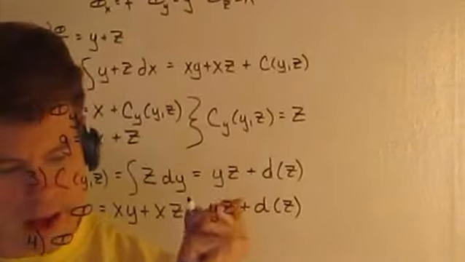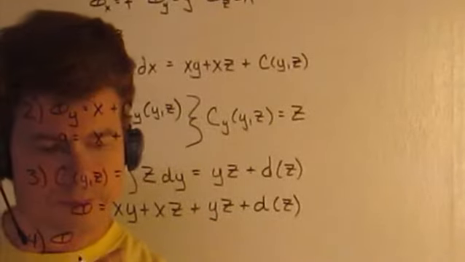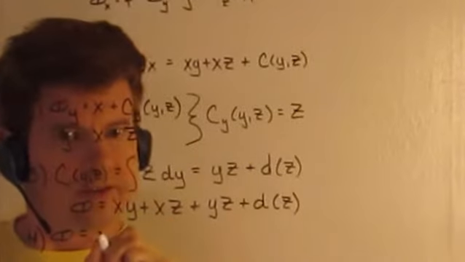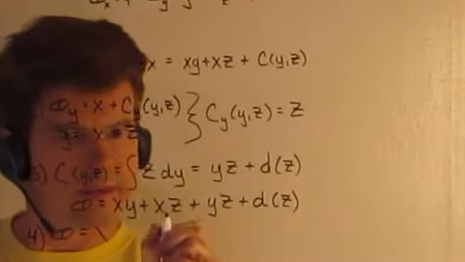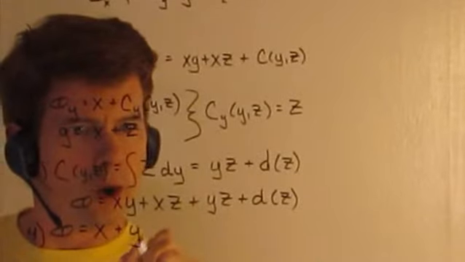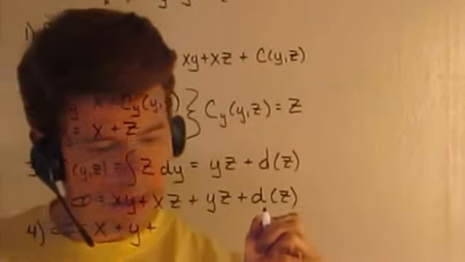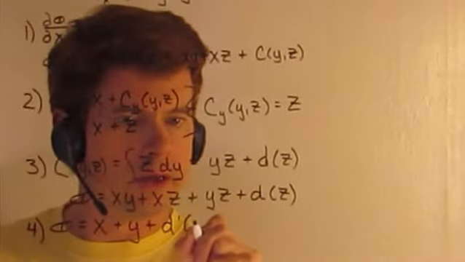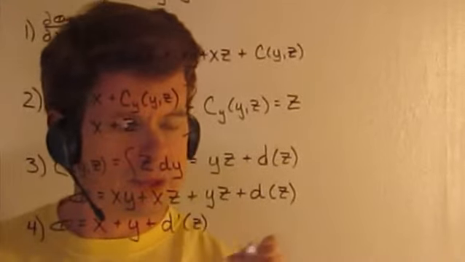So when we do that, with respect to z, that's going to give us, that drops off. We've got x plus y plus then the constant, which now is going to be d prime of z.